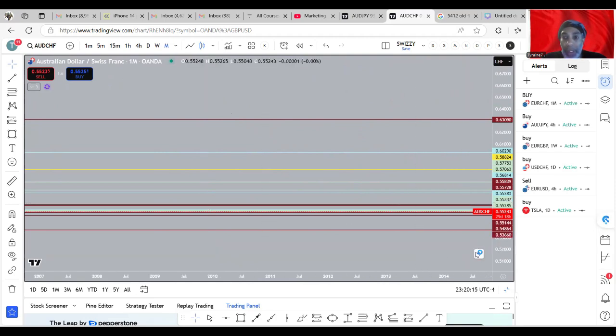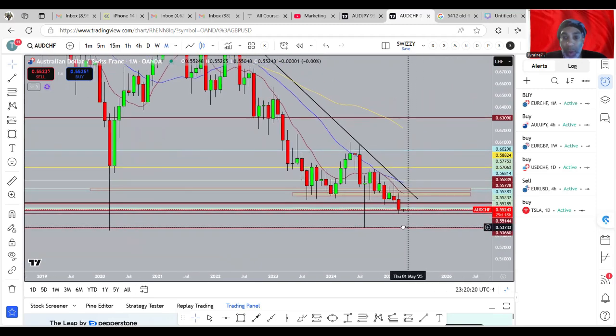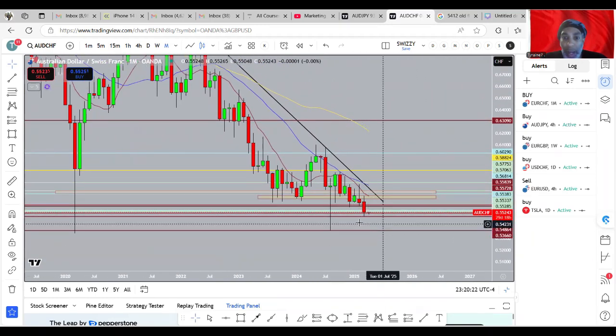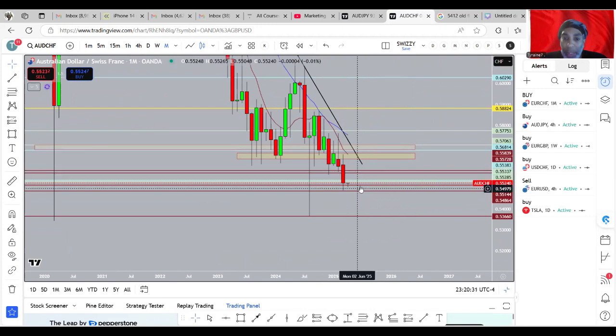So there may be some manipulation where it shoots down because they know a lot of people are in this for a buy. So it may spike down and knock a lot of people out of the game. But if we're lucky and my predictions are correct and it doesn't come back past here, I could be in for a nice little ride. And there'll be opportunities to get in again.